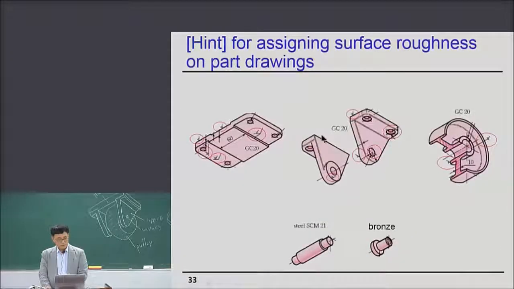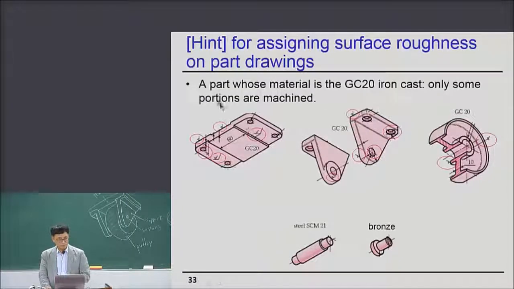Okay, and finally the surface roughness should be given. For a part whose material is GC20 cast iron, only some portions are machined. So only the portions which must be machined need surface roughness.